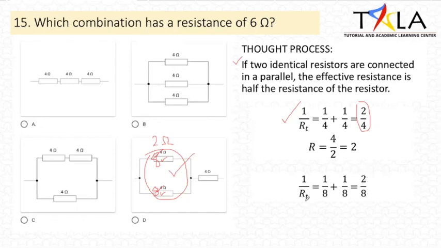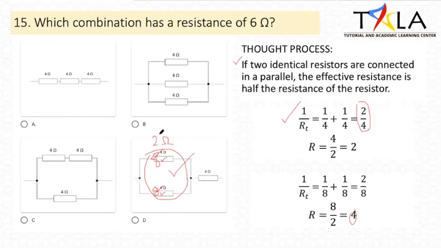Magiging 4 yung total resistance. Diba? So, lagi yan. Kapag meron kang two identical resistors, yung total resistance niya in a parallel circuit would be half of one resistor. Okay tayo doon? Alright.